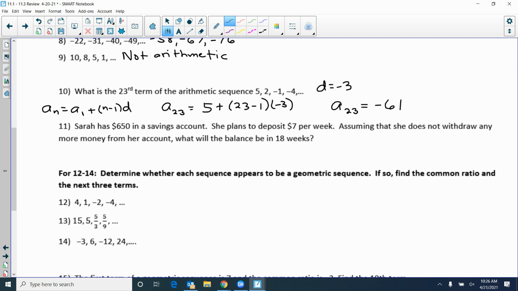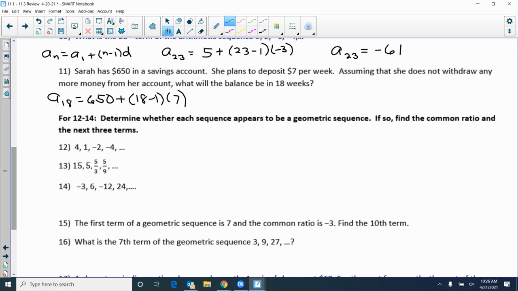What will her balance be in 18 weeks? So it's going to be A sub 18 equals 650, our original amount, plus n minus 1, which is 18 minus 1, times 7, because that's how much it's going up. All right, type that in and see what you get there.